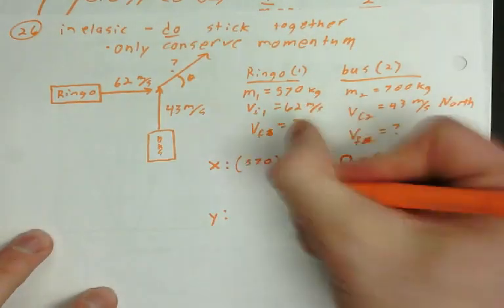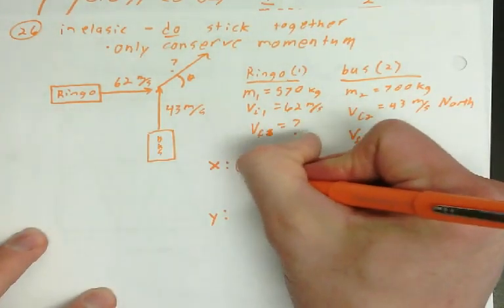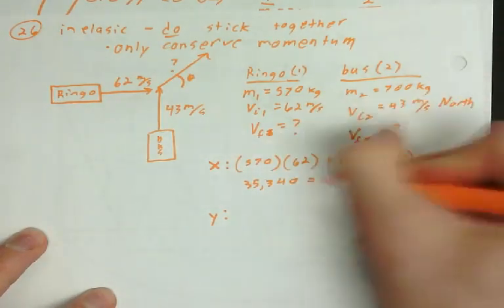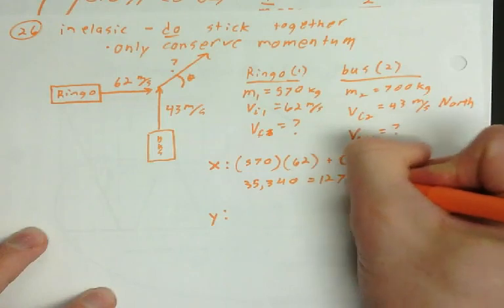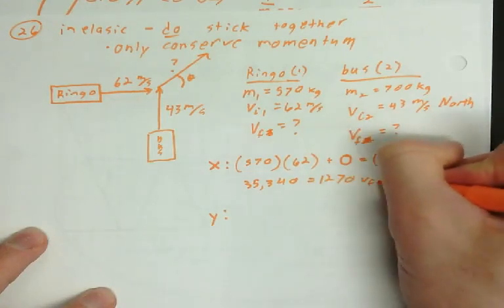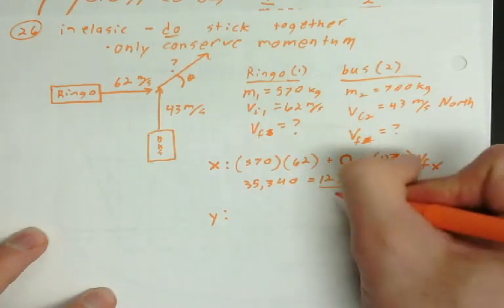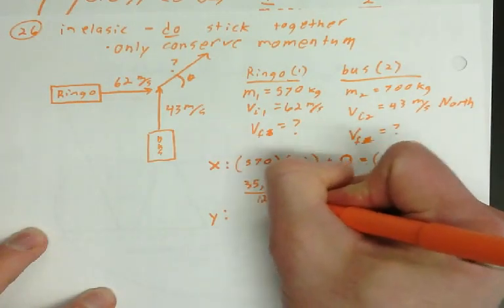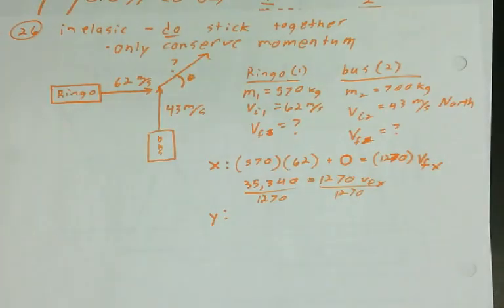So 570 times 62, 35,340 equals 1270 v final x. Divide the 1270 over. We do Pythagorean theorem on this one. Yes, you will eventually.